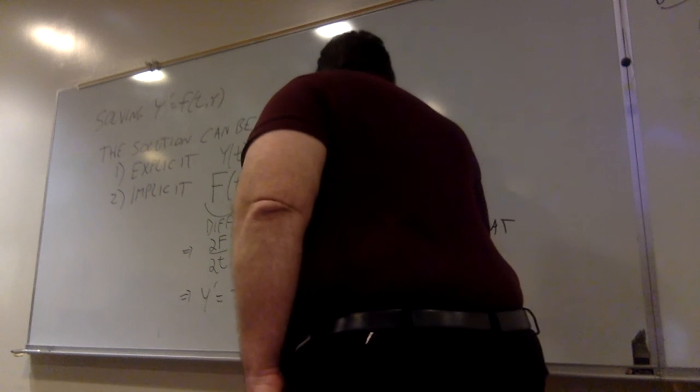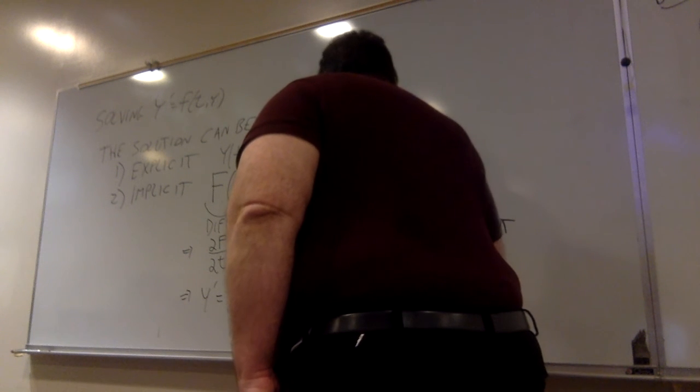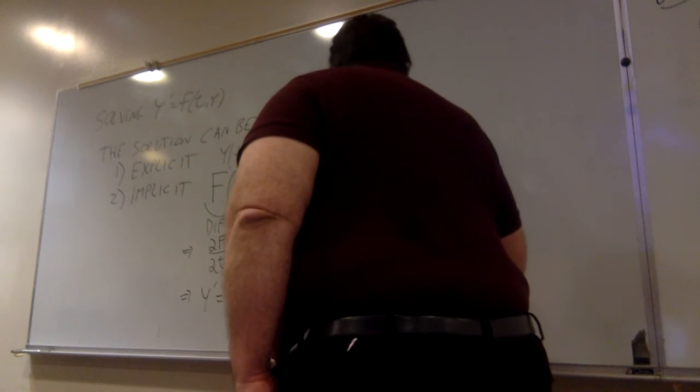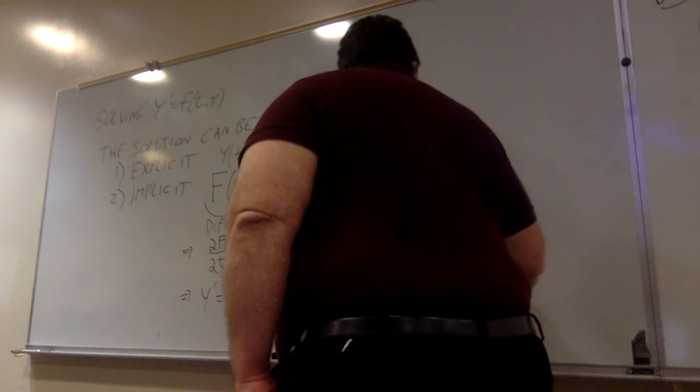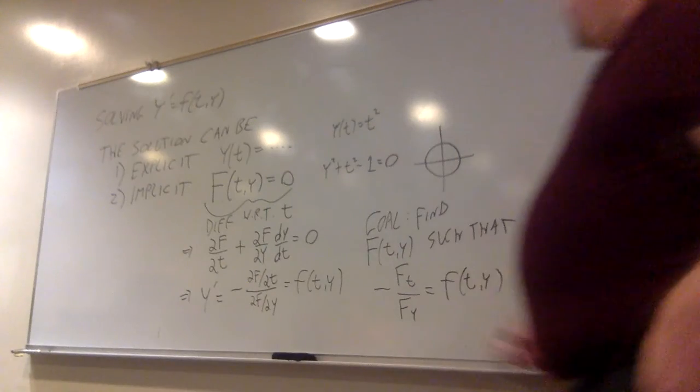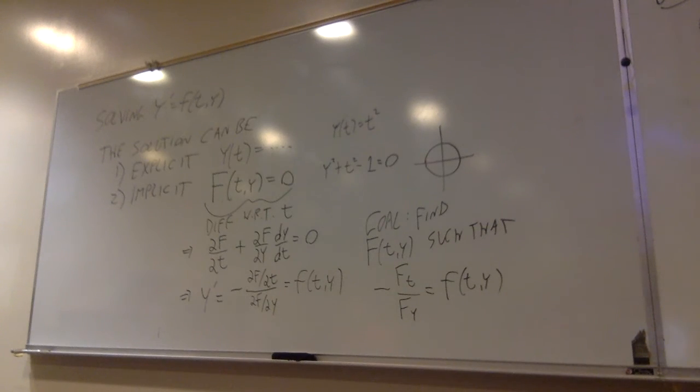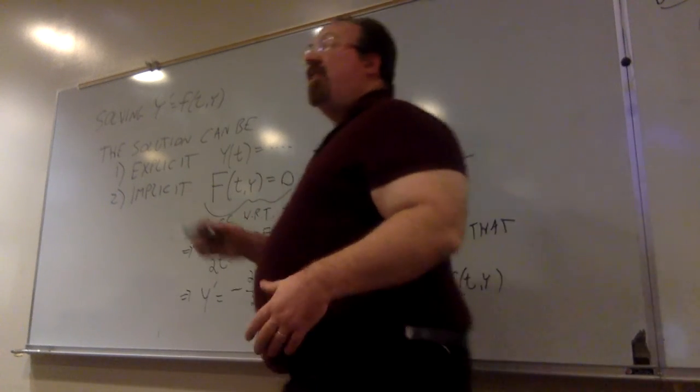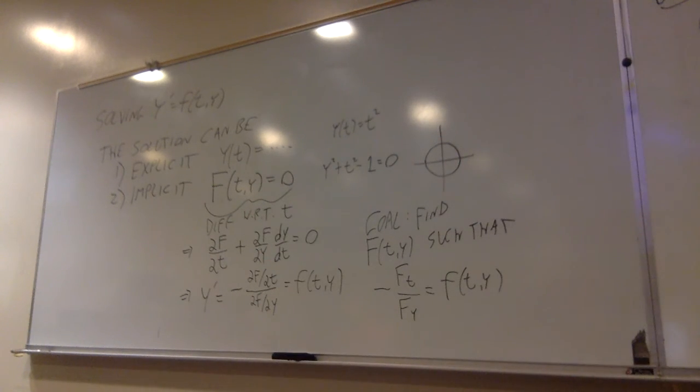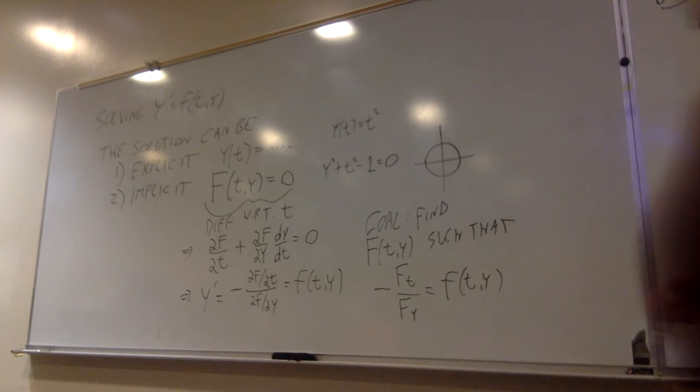So minus f_t over f_y is equal to little f of t, y. So if I can do that, I'm done. I've solved the equation. I can just write down what this F is, and I have my solution, at least implicitly. And then, if the function capital F is of a nice enough form, maybe I can rearrange it, solve for y explicitly as a function of t.